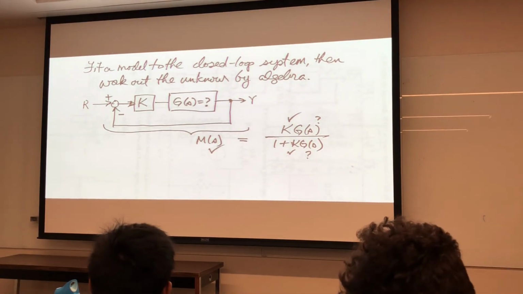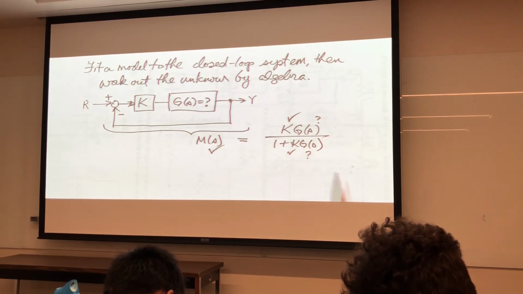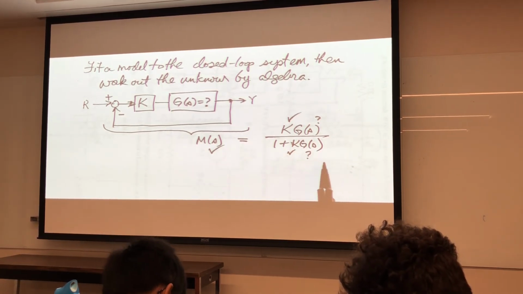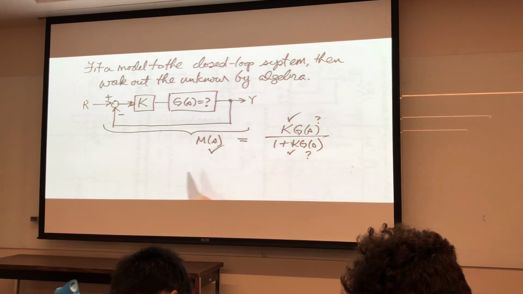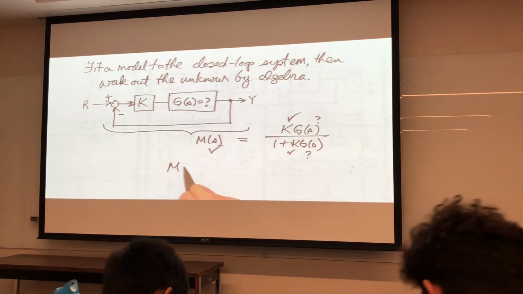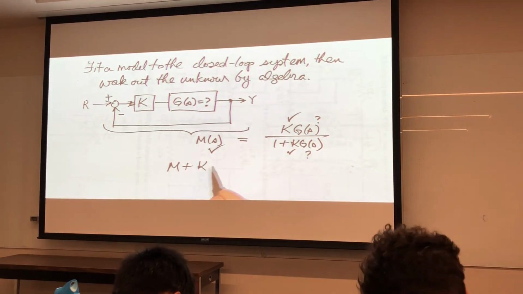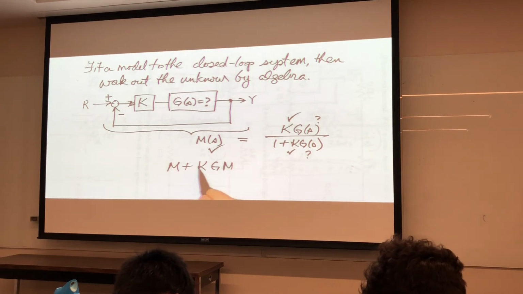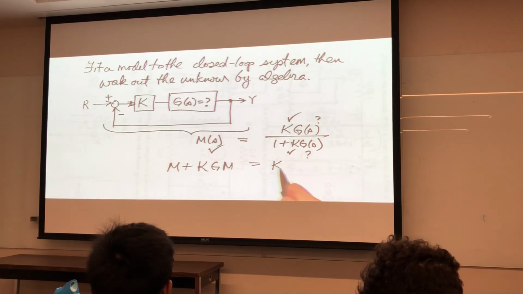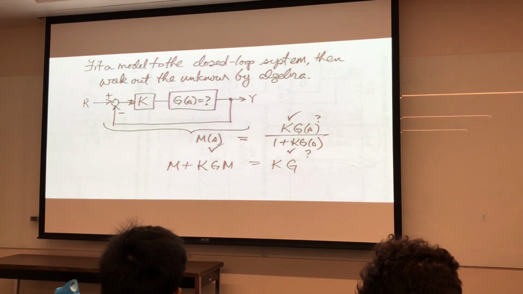Let's do a little bit of algebra and see what we get. Let me multiply both sides by this, and I get M plus KGM is equal to KG.